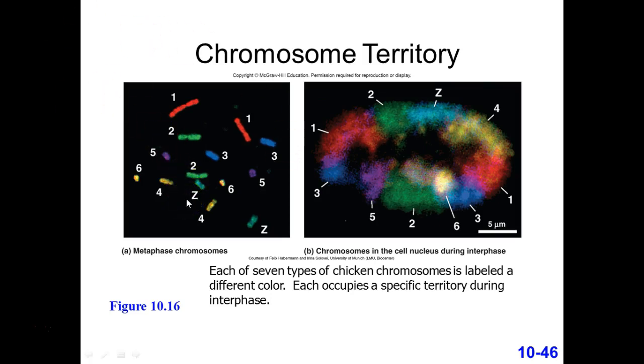So here, this is at metaphase. This is when they're the most compacted, and we're getting ready to line them up and split them from one cell to the other in mitosis. Here is during interphase, when they're not as compacted, when these chromosomes are actually being used.